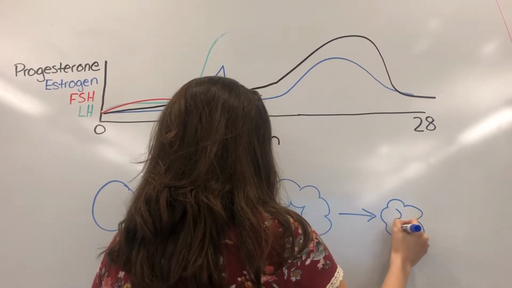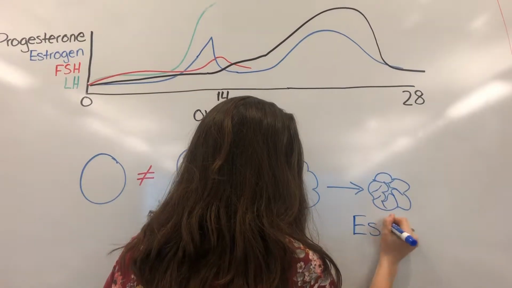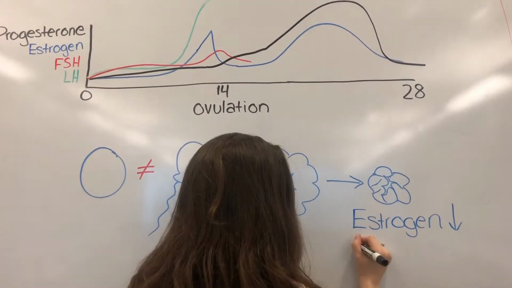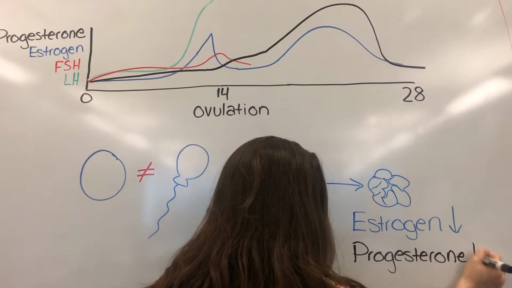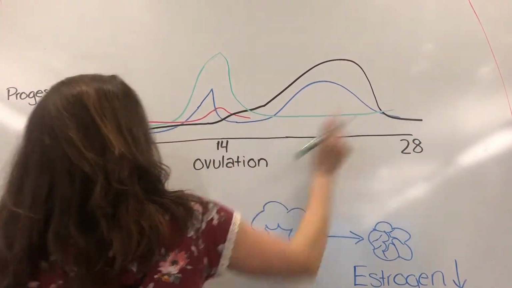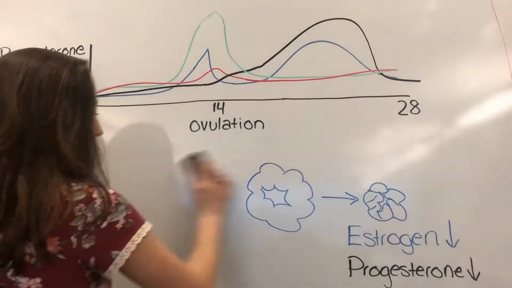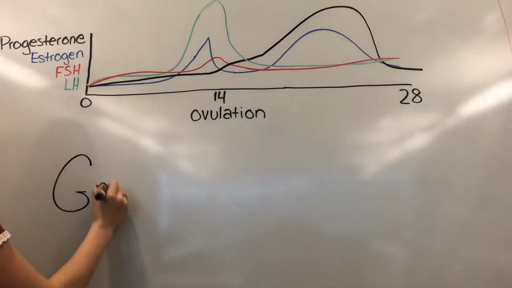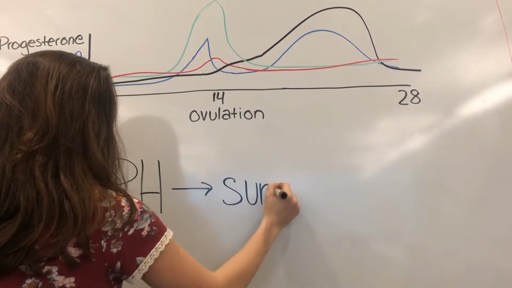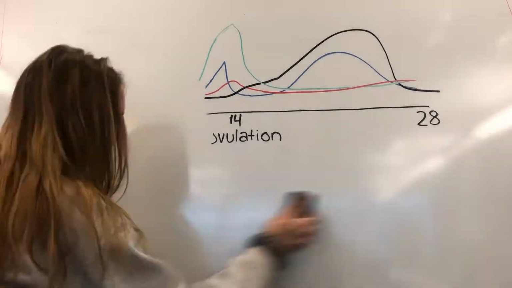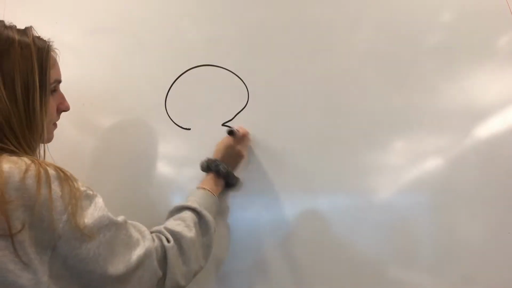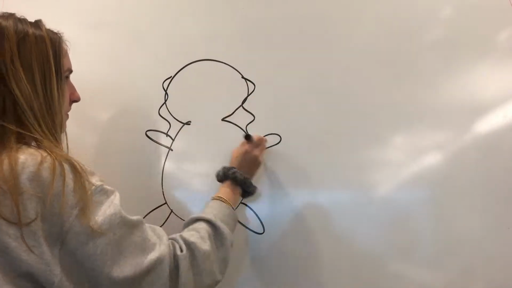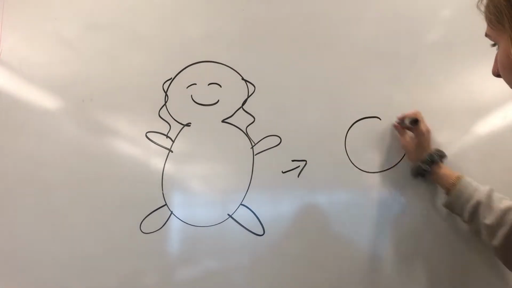When the corpus luteum degenerates, usually 14 days into the luteal phase without successful fertilization, progesterone and estrogen levels plummet in preparation for a new cycle. As the luteal phase comes to an end, gonadotropin releasing hormone levels rise. This new and final surge signifies a new beginning for the endless ovarian cycle.